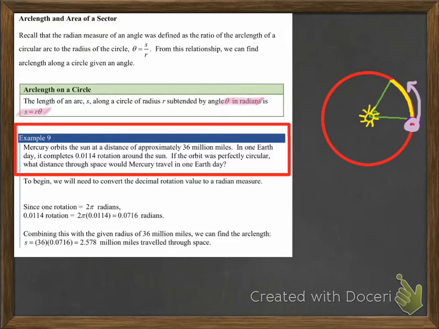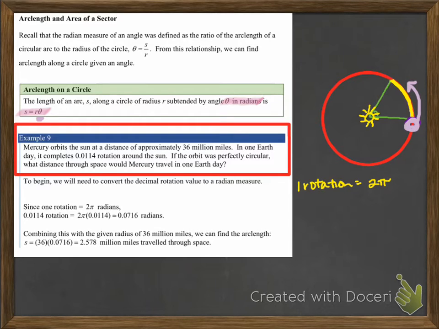So to begin this, we see that we have rotations, but our equation needs radians versus just one rotation. We know that in a full rotation, there are 2 pi radians. So one rotation equals 2 pi radians.